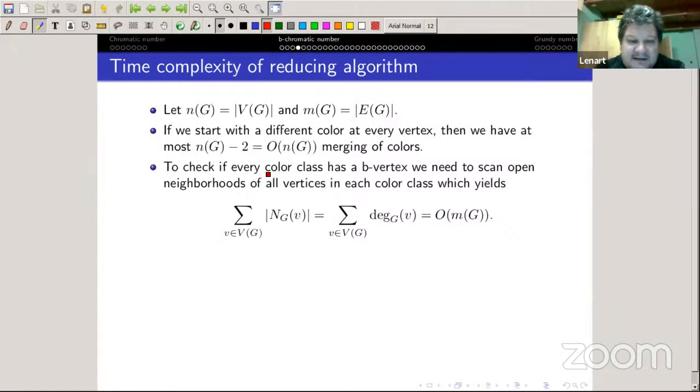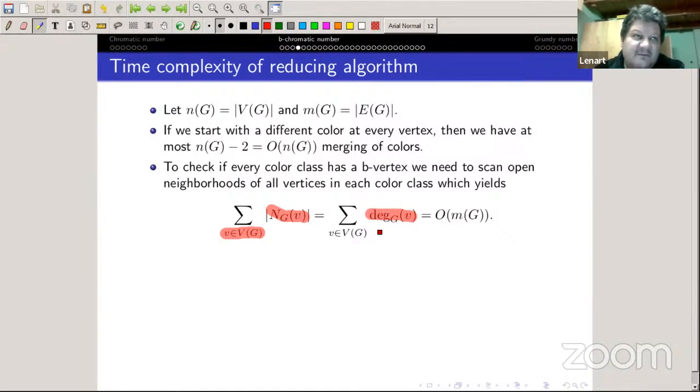Okay, how do we check if every color class has a B vertex? Actually, if we want to do it for the whole graph, we need to scan open neighborhoods of all vertices in each color class, which means that for every vertex, we check all its neighbors. And this is actually the degree of a vertex.